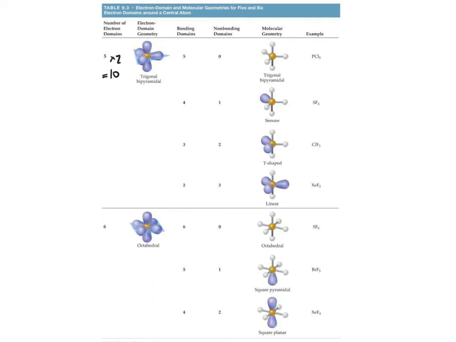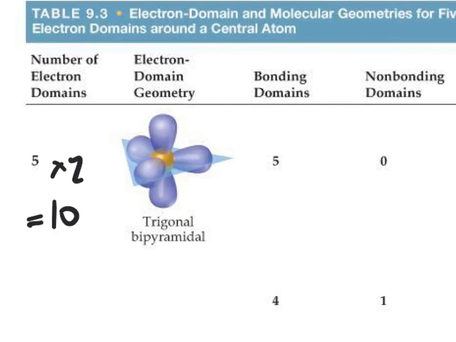Now, the bond angles for this electron domain geometry is the only one that has 2 possible bond angles. Because if you zoom in on this and take a closer look, you have the bond between the vertical and the horizontal domains, and then you have the bond between the 2 horizontal domains, and they're not equivalent to one another. In fact, the bond angle between the vertical, which I'm going to call the polar domains, because if you imagine a globe, this would be the North Pole and this one the South Pole.